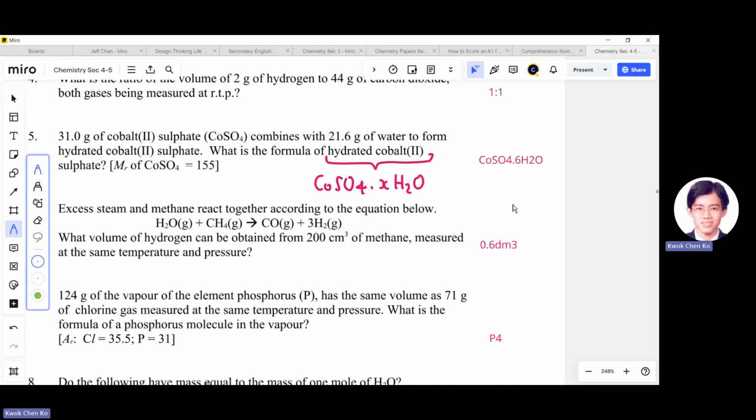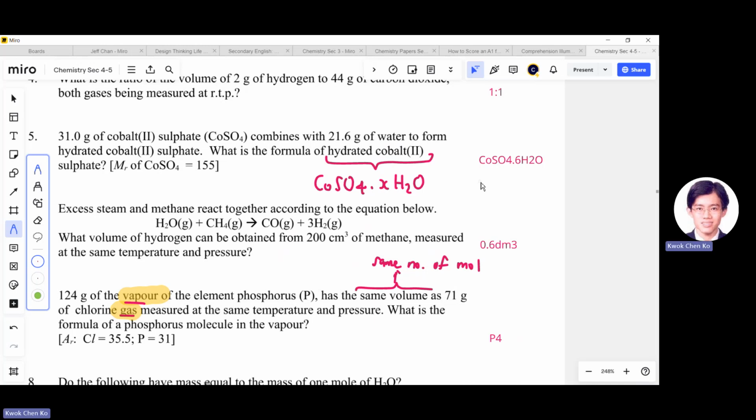Okay, guys, for question 7, there's a trick involved. Notice that phosphorus is a vapor, chlorine is a gas, and that's important because they also mentioned these two have the same volume. Now, same volume of gases or vapor implies the same number of moles. Keep that in mind. If two different gases have the same volume, the implication is they have the same number of moles, if you remember your gas formula.